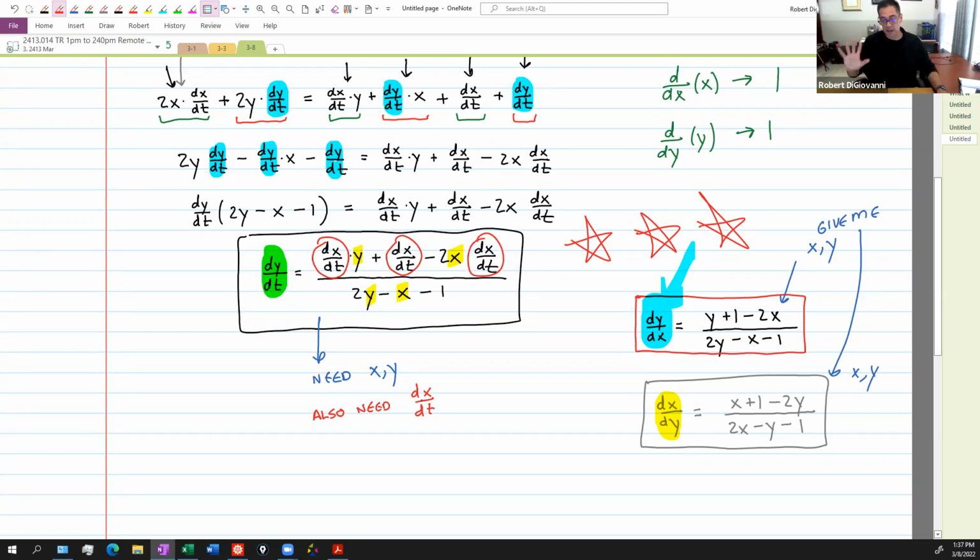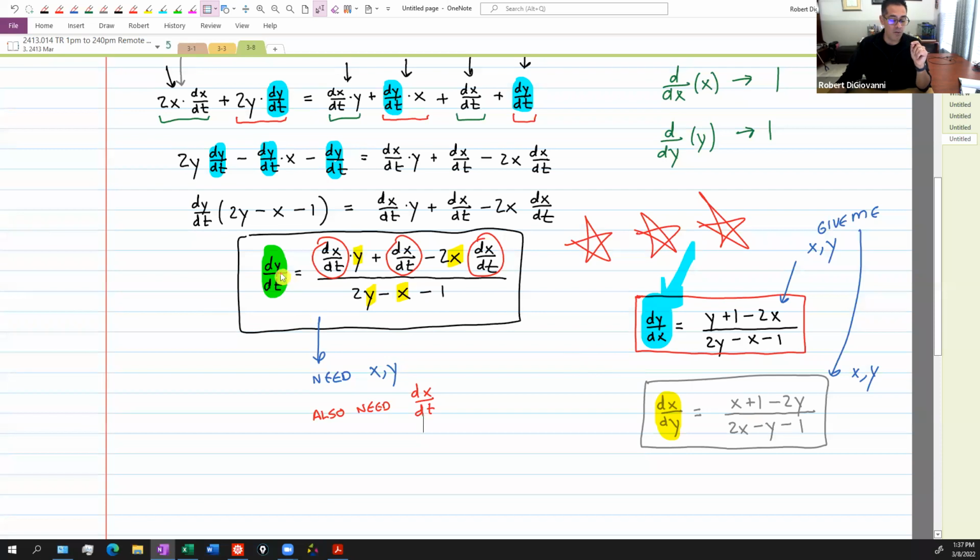I'm going to say it again because it's so important. Over here, in order to know the rate at which y changes with respect to x, all I needed was a point on the graph, an x and a y coordinate, and I'm in business. To figure out the change in x with respect to y, I just need a point, x and y.